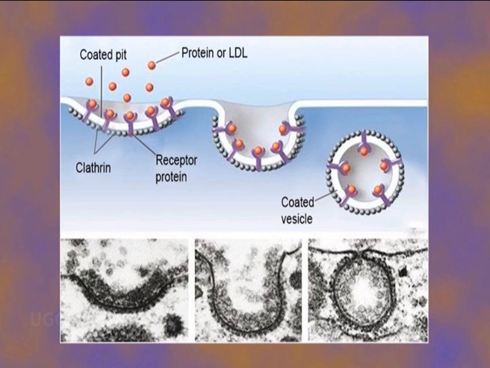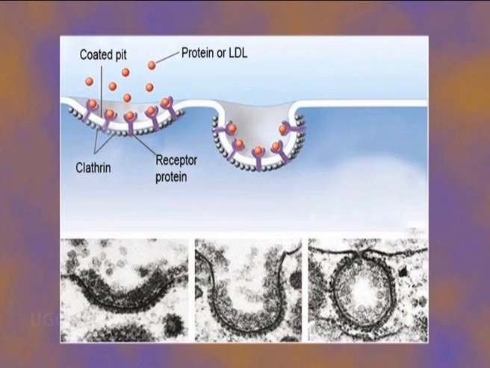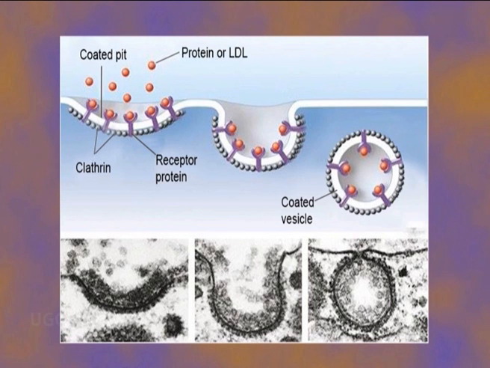The membrane then invaginates, forming a depression around a number of these receptors. The molecules that have bound are known as ligand. The membrane then pinches off a small sac containing the receptor ligand complexes into the cytoplasm. Low density lipoprotein particles taken into the cell in this fashion contain cholesterol and fatty acids for membranes.